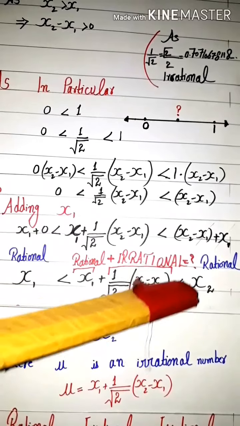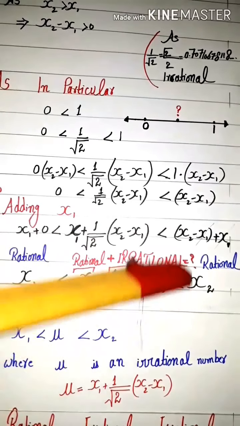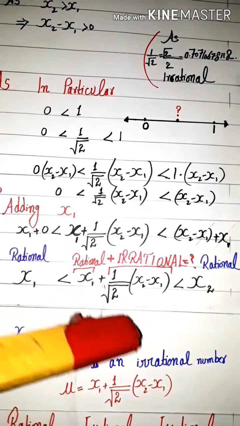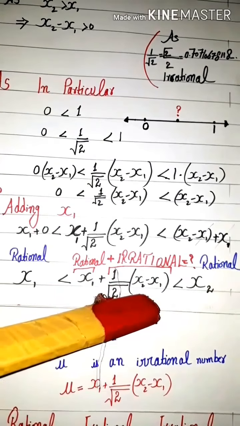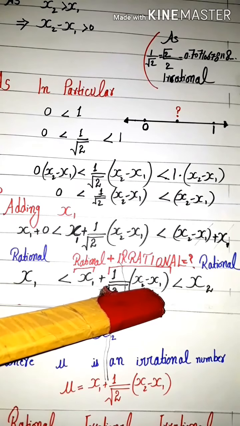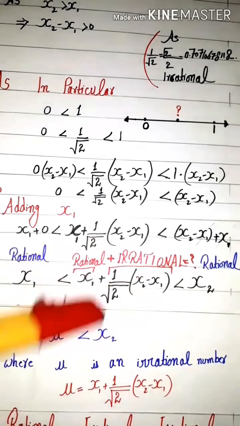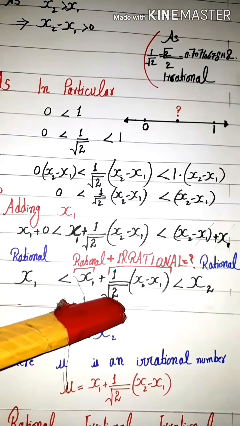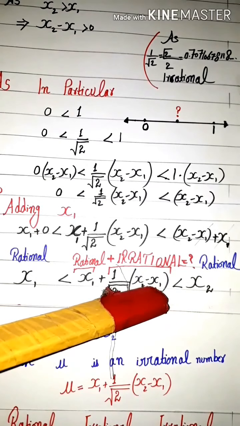This number is the sum of this value plus x1. And this value x2 minus x1 is greater than 0. And 1 over square root 2 is an irrational number, here an irrational number with a rational number.